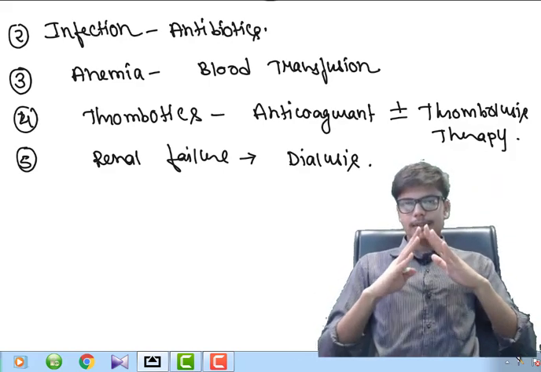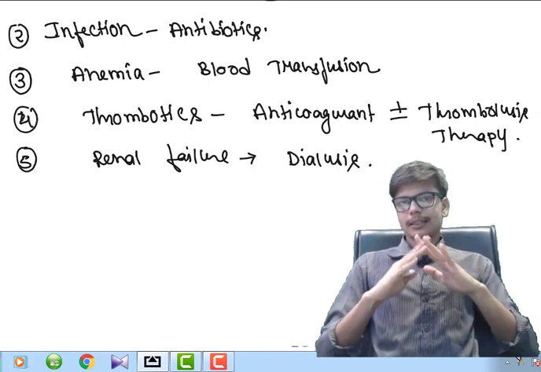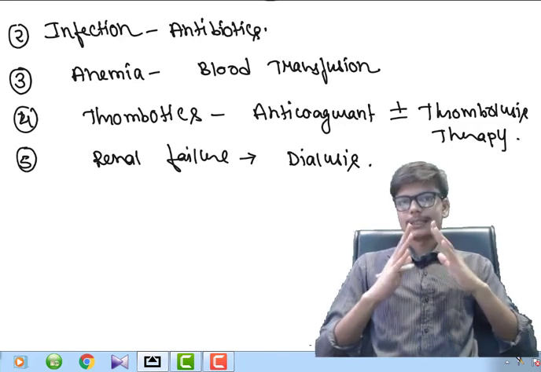So in this way we can manage the patient of nephrotic syndrome under three broad headings. The general measures include salt and fluid restriction and an adequate diet, which is a protein rich diet.